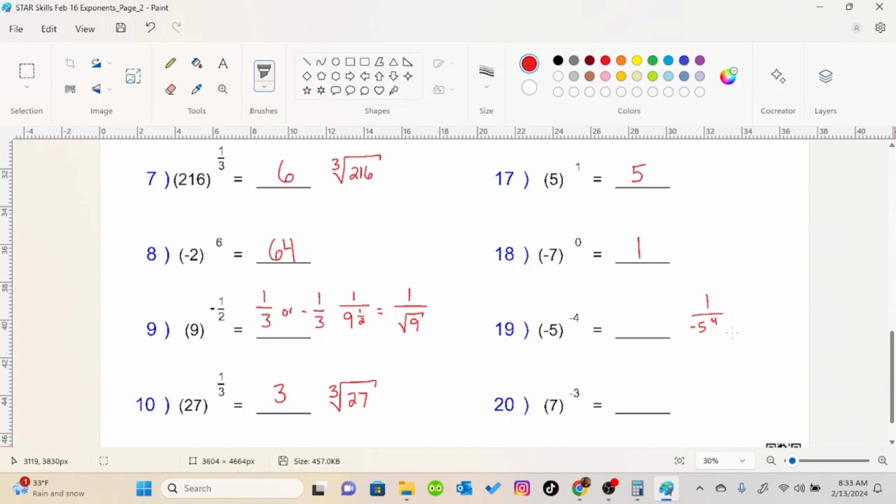So now we have 1 over 5 to the power of 4. 5 times 5 is 25. 25 times 5 is 125. And 125 times 5 is 625. So the answer is 1 over 625.